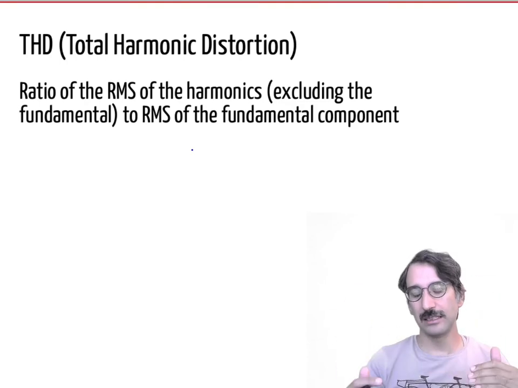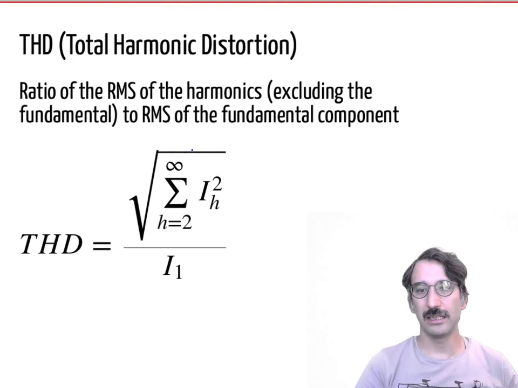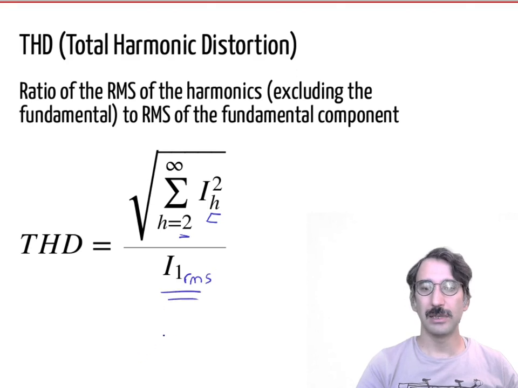It can be written in two forms. Either you add all the harmonics starting from the second one, so the fundamental is omitted, and calculate the total RMS due to those, and then you divide it by the fundamental RMS component. Okay.